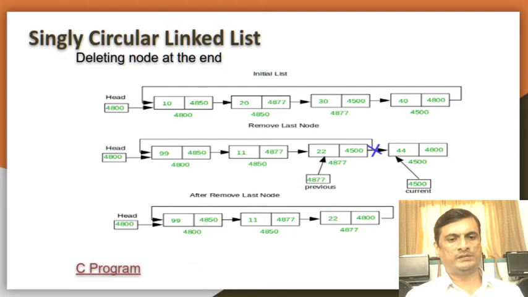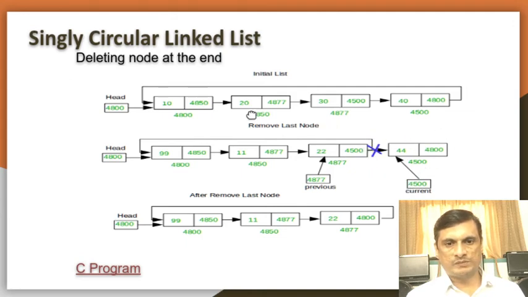Once the current pointer reaches the last node, what do I need to do? Earlier the previous node was pointing to the last node, but now I have to delete this particular node.